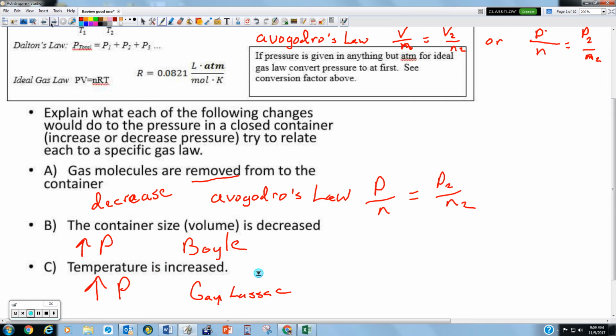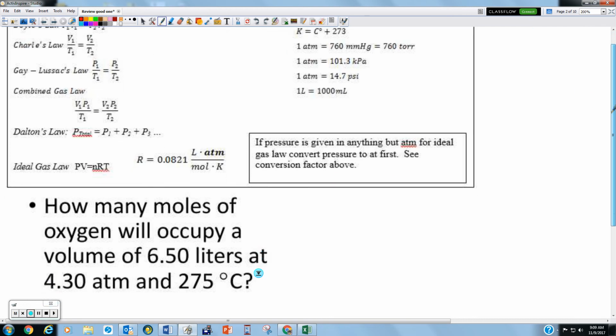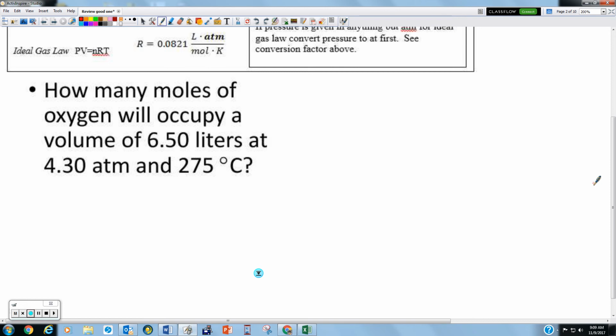All right, let's look at another example. Given the same information up above, let's look at this question. How many moles of oxygen will occupy a volume of 6.5 liters at 4.3 atmospheres and 275 degrees Celsius? So how do I know which one of the gas laws to use here?